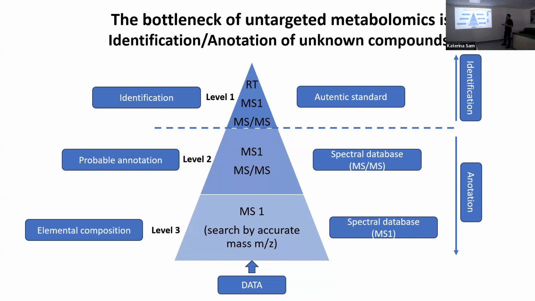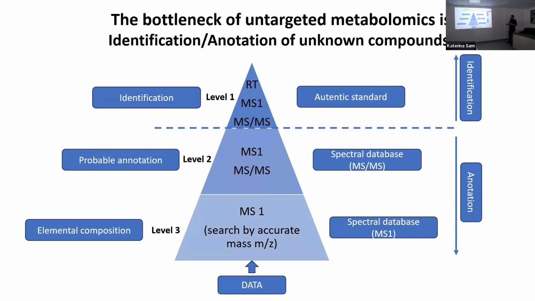This is the identification pyramid, and here we have the raw data, and we use only the mass for alanine. I calculate 90, and maybe this is alanine, but maybe not, because if I don't have the retention information, it's alanine or beta-alanine or sarcosine, I don't know.